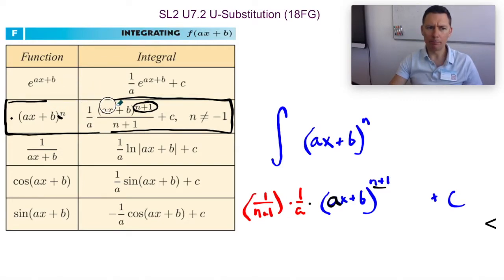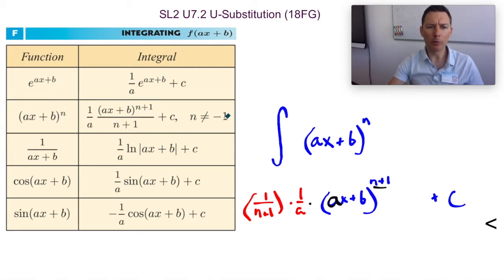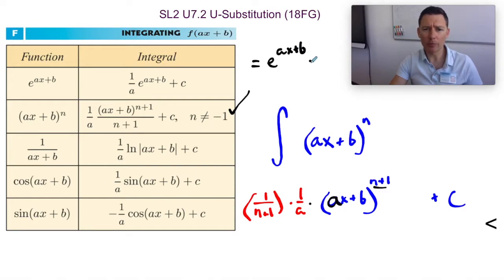If you're still a little blurry, we'll do a bunch of problems and you'll feel a lot better. But hopefully you can kind of see where that's coming from. This is the same sort of thing. If we were to differentiate e to the ax plus b, the integral is the same sort of idea as the derivative, in that the derivative should be e to the ax plus b, but then you need to multiply, because you're using chain rule, by the derivative of the inside, which is just a.